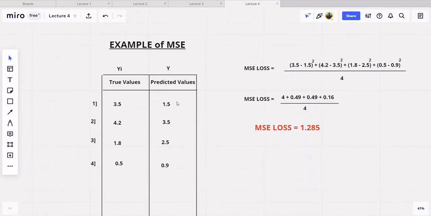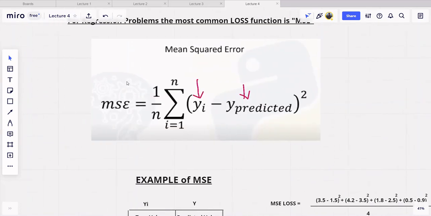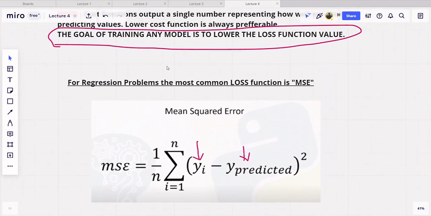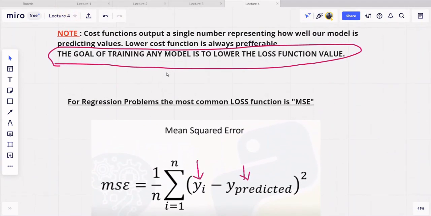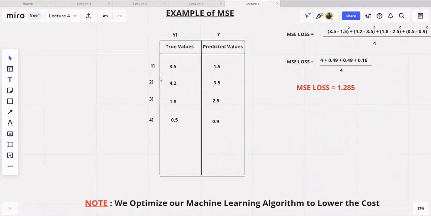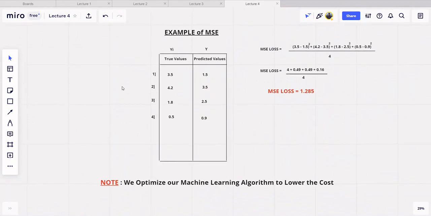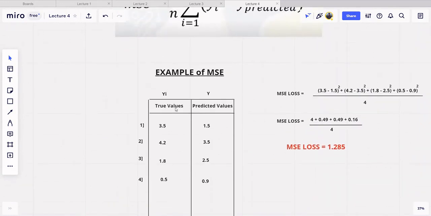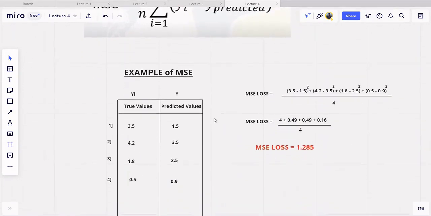This is an example of how we can calculate the mean squared error, which is the most common loss function for regression problems. We optimize our machine learning algorithm to lower the cost; we train it to lower this loss function.